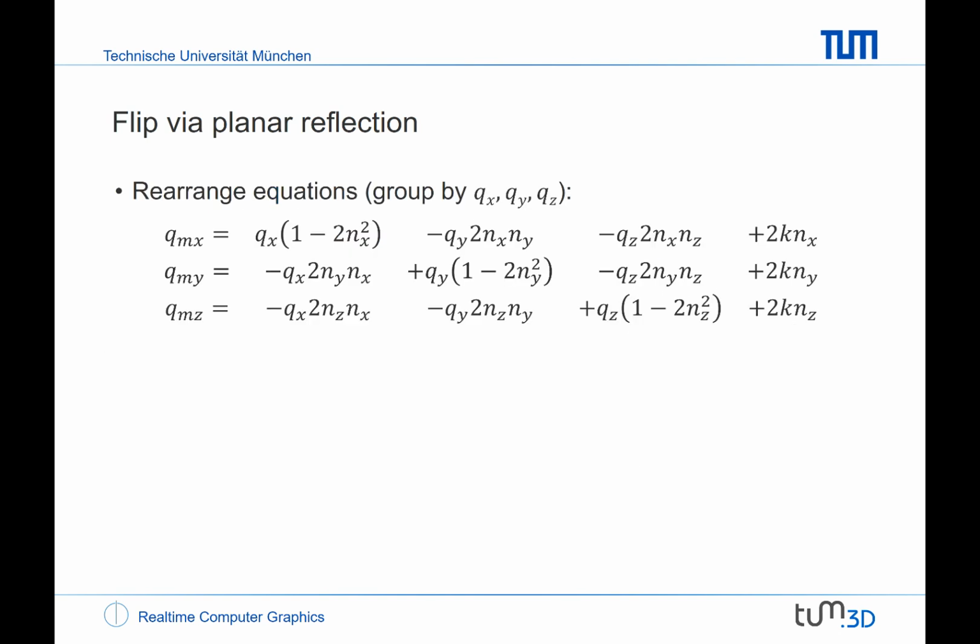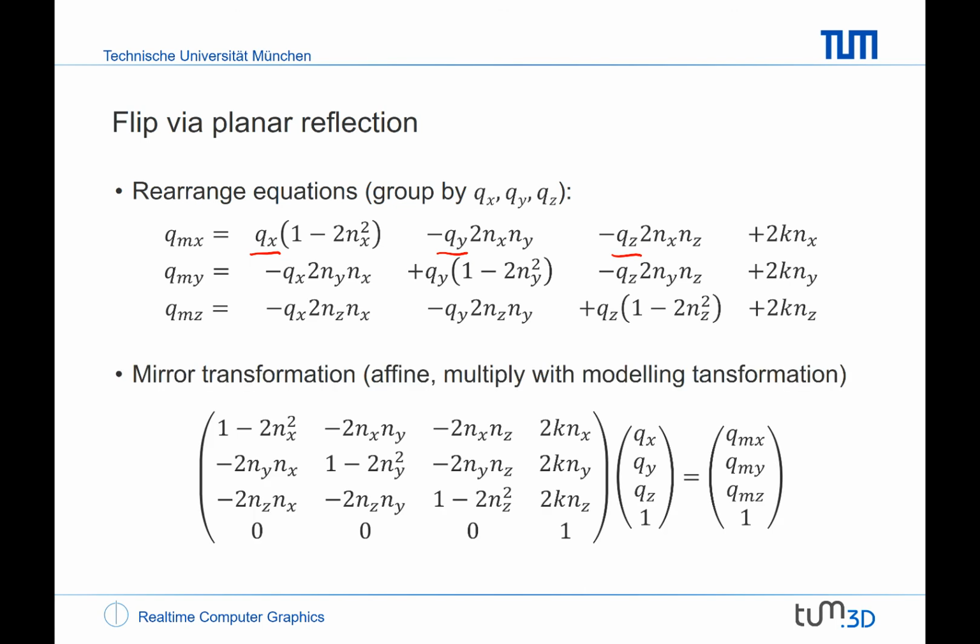We can then factor this out in order to factor out the Qx, the Qy, and the Qz. We do that for all components, and this can finally be written as a matrix vector product. Here we have the Qx, Qy, Qz, which we just factored out before. On the right hand side, we have the coordinate of the reflected point Q. And on the left hand side, we have the mirror transformation matrix, the matrix realizing the mirror transformation, an affine transformation.